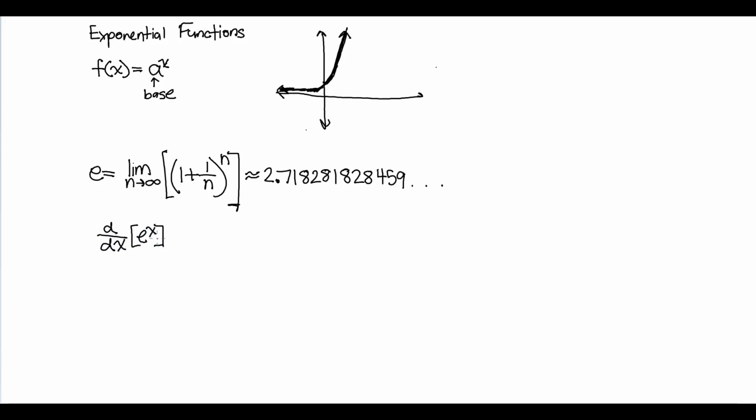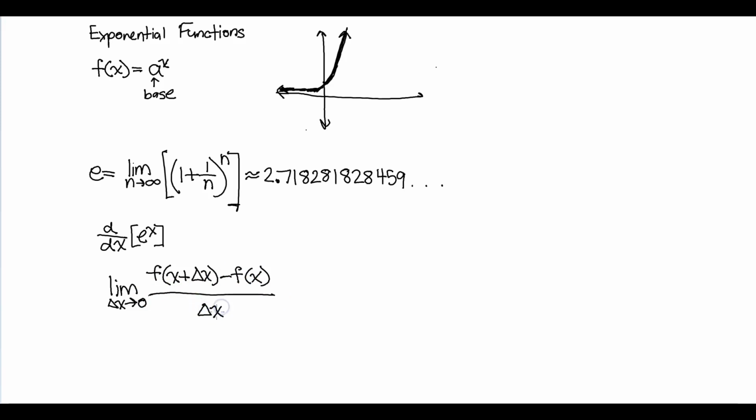So rather than give it to you, let's try to find it on our own using the limit definition. The limit as delta x approaches 0 of f of x plus delta x minus f of x, all over delta x.